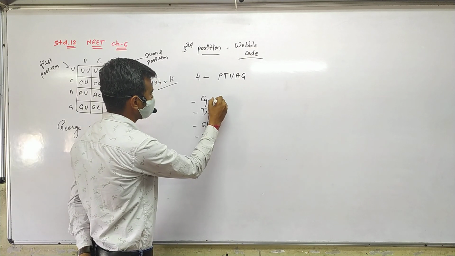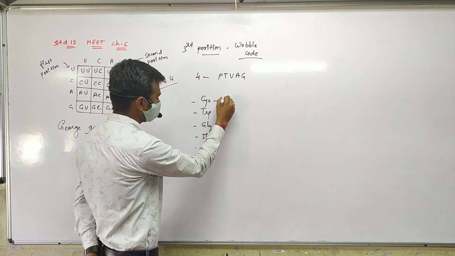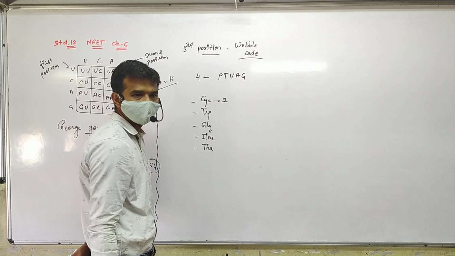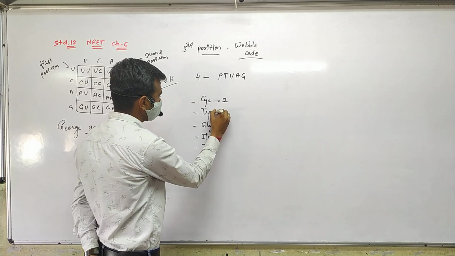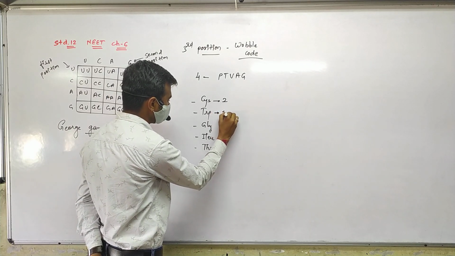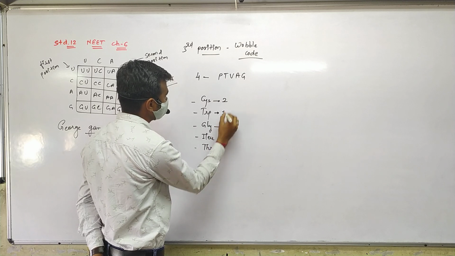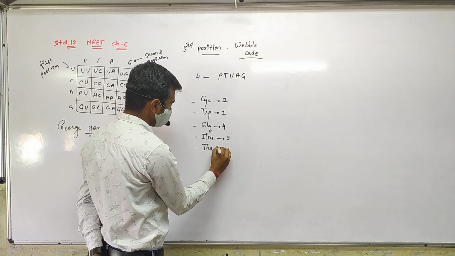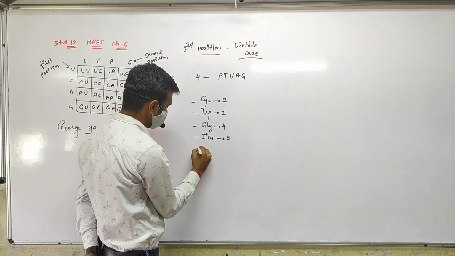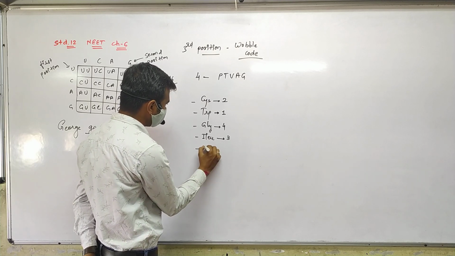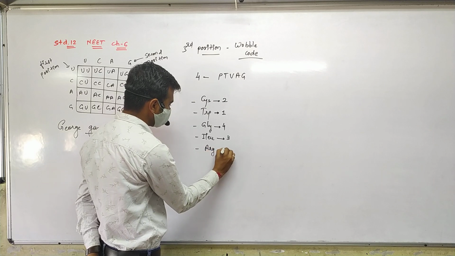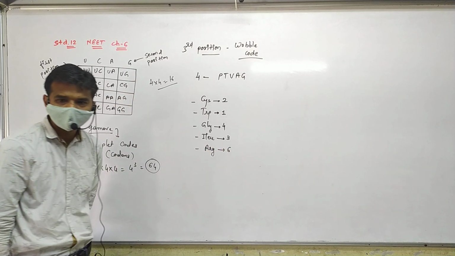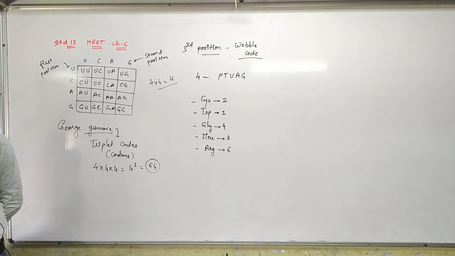You know that cysteine has 2 codons. Tryptophan has 1 codon. Glycine has 4 codons. Isoleucine has 3, and sorry, here I have to write arginine, for which 6 codons are there. A mistake. Fine.